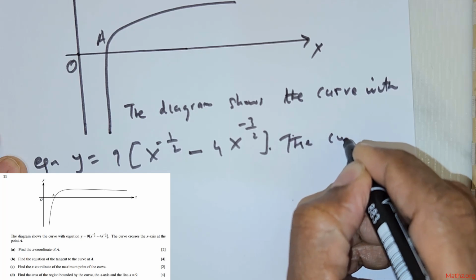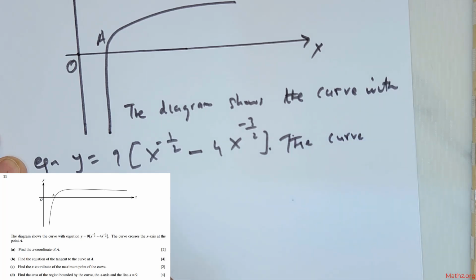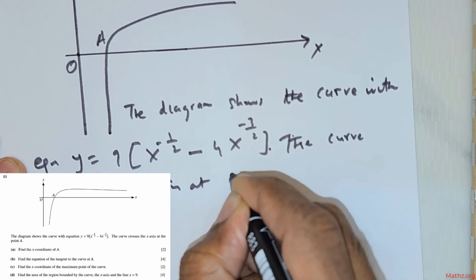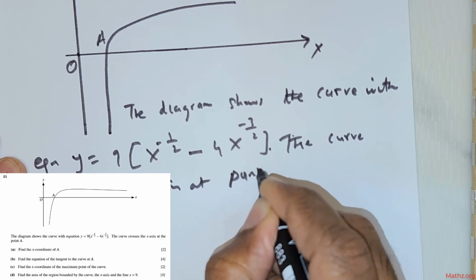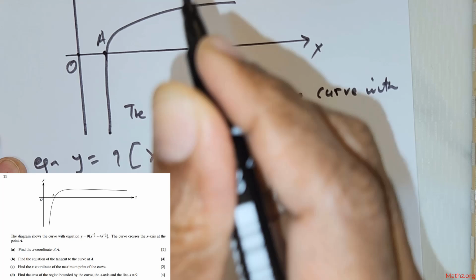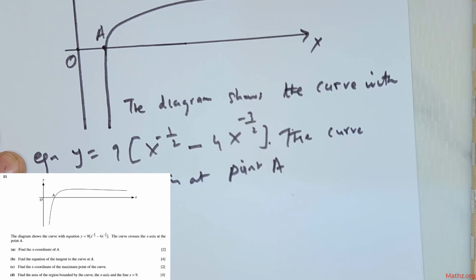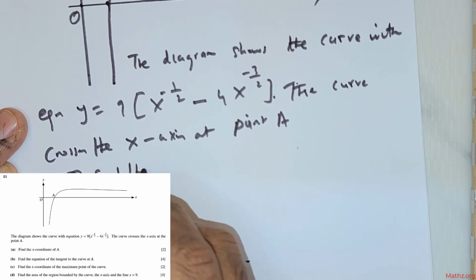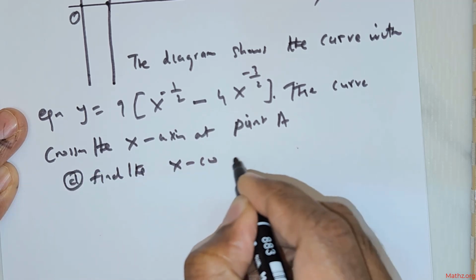The curve crosses the x-axis at point A. Right, so this point is A. Find the x coordinate of A.